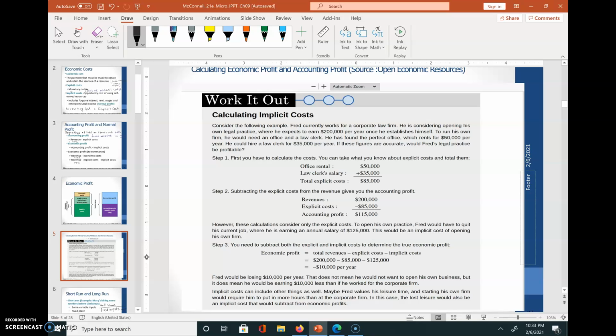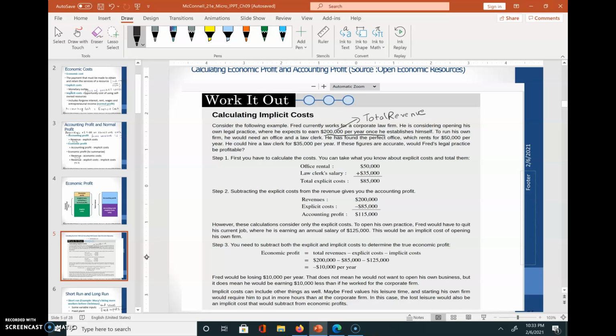He is considering opening his own legal practice where he expects to earn $200,000 per year once he establishes himself. So this 200,000, this is the total revenue.